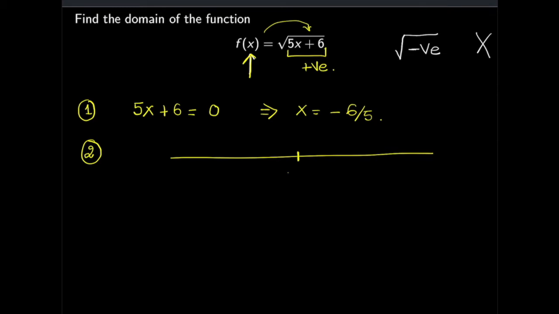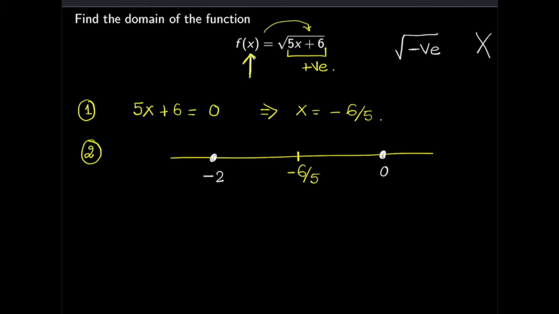So here is the number minus 6 over 5, and then I will choose a point on the right and a point on the left. Minus 6 over 5 is around minus 1, so I will choose negative 2 here, and 0 here.